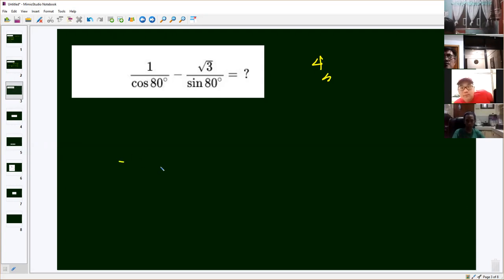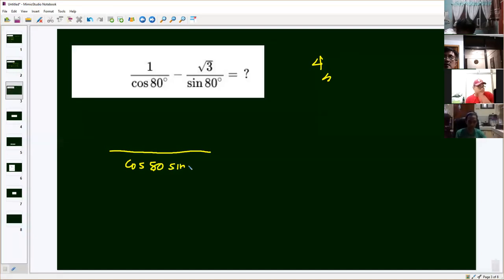So, una, pag kinalkula nyo yan, makikita nyo agad ang sagot, 4. No, paano kayo naging 4? Una, let's combine. Okay. Siyempre, the LCD is the product cos 80 sin 80. So, the LCD divided by cos 80 sin 80 times 1. Sulat ko lang yung 1, guys, no? Maganyan.